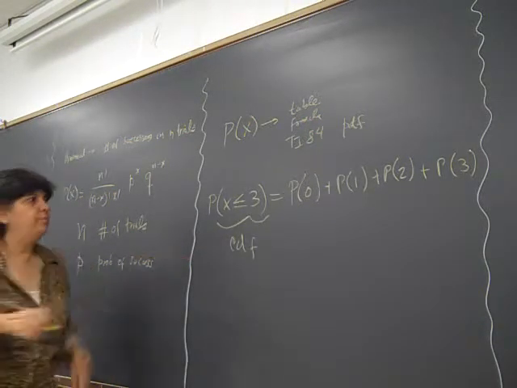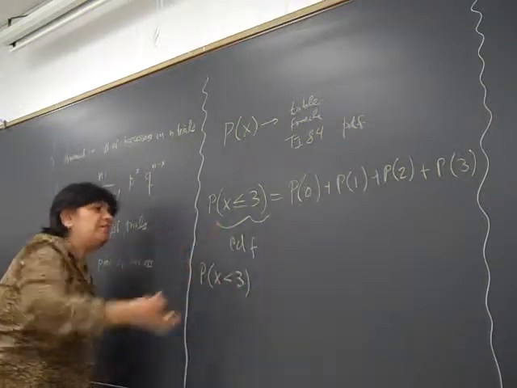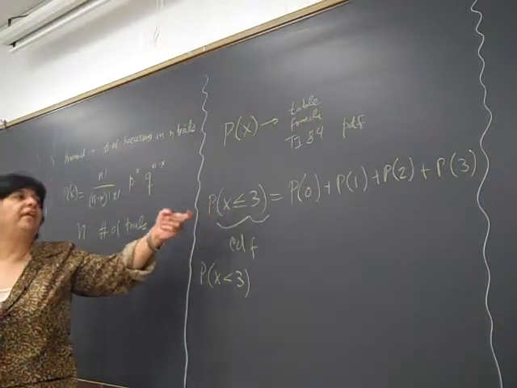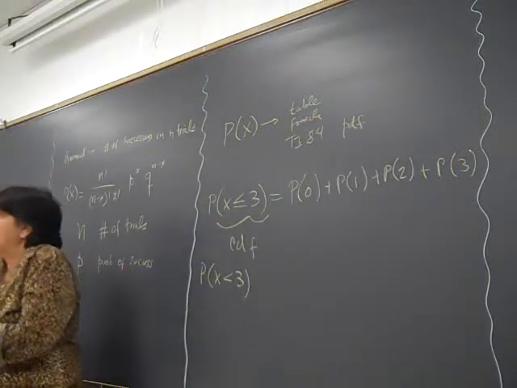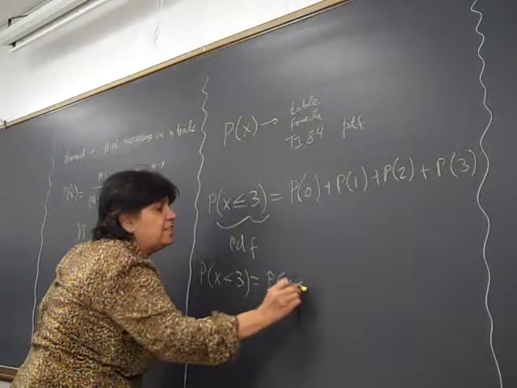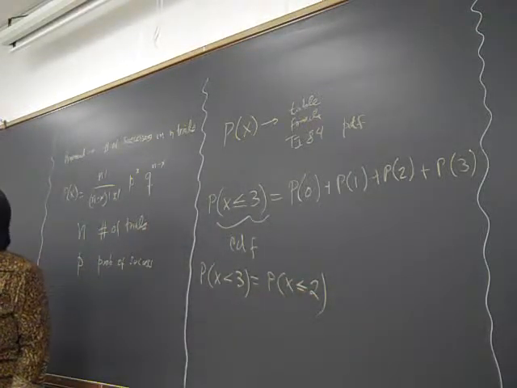Okay? So, what is the probability that x is less than 3? Be very careful in questions like this. Less than or equal to 3 includes the 3. Less than 3 does not include the 3. So it's equal to the probability that x is less than or equal to 2. Okay?